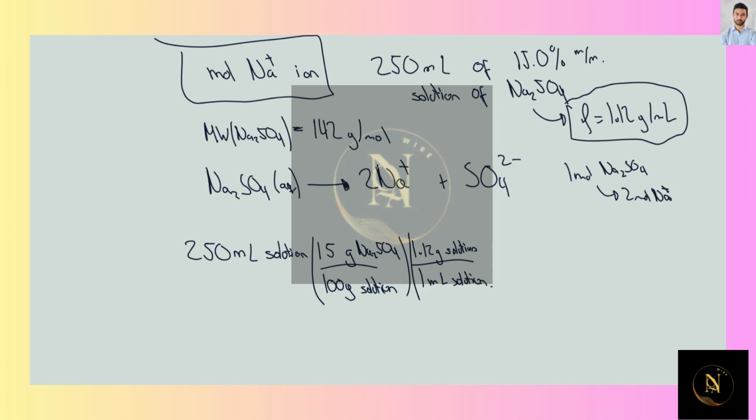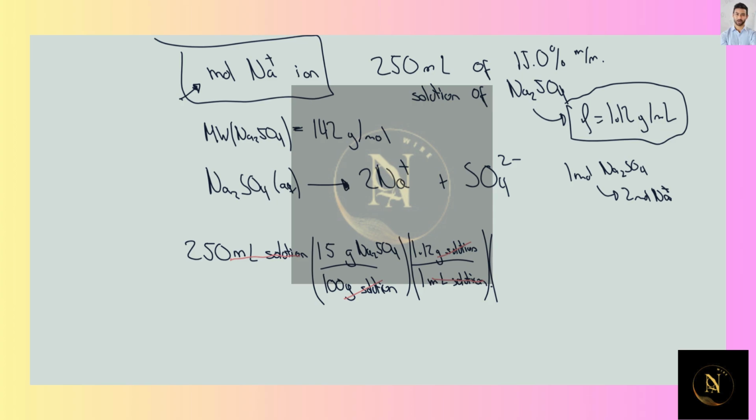Perfect. So far, what we have achieved is to cancel the milliliters with milliliters, grams of solution with grams of solution, and ended up with grams of sodium sulfate. So now, since our desired result is going to be moles of sodium plus, we're going to use the molecular weight of the compound.